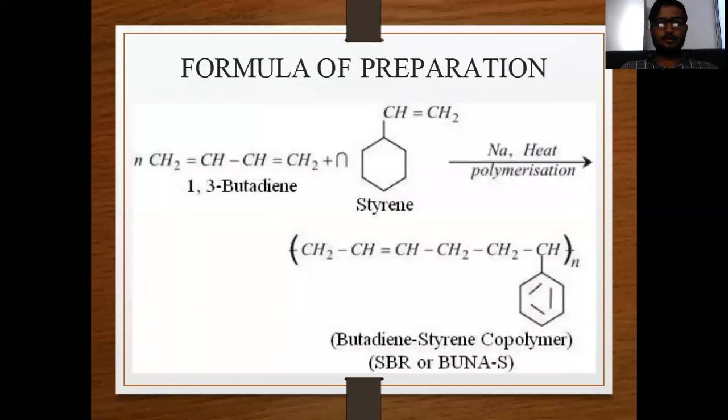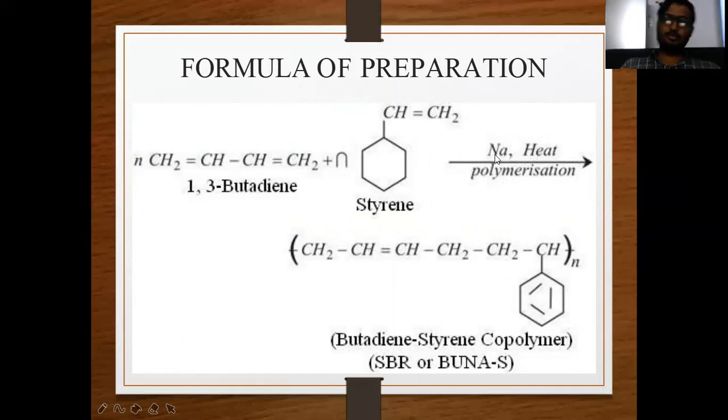The reaction: 1,3-butadiene, CH2=CH-CH=CH2, with carbons numbered 1, 2, 3, and 4, plus styrene, CH2=CH-benzene.